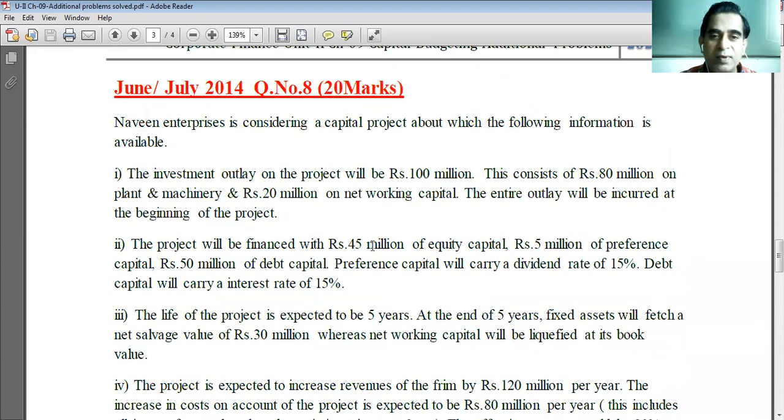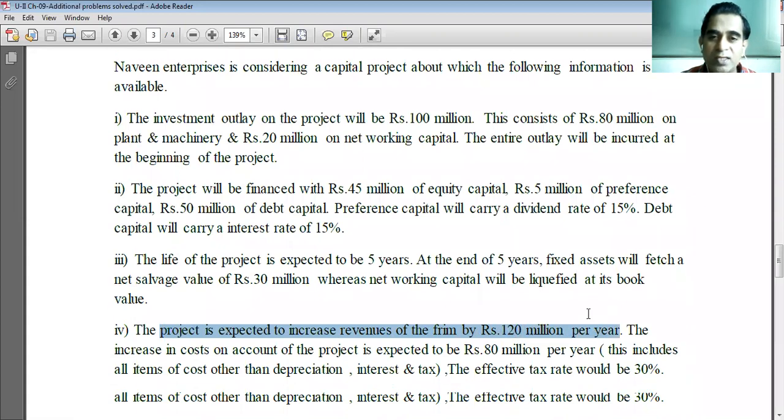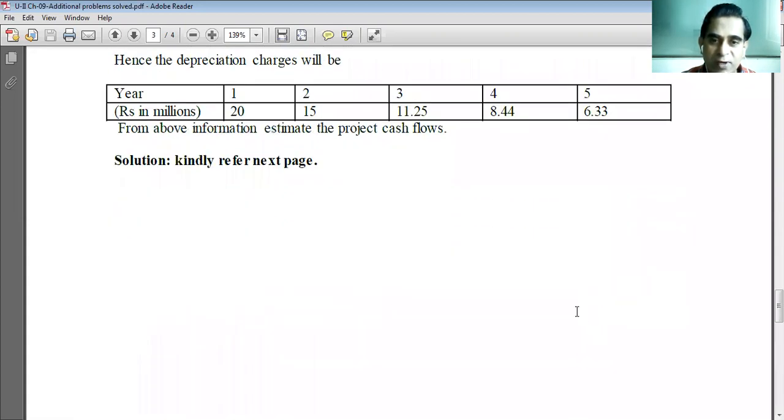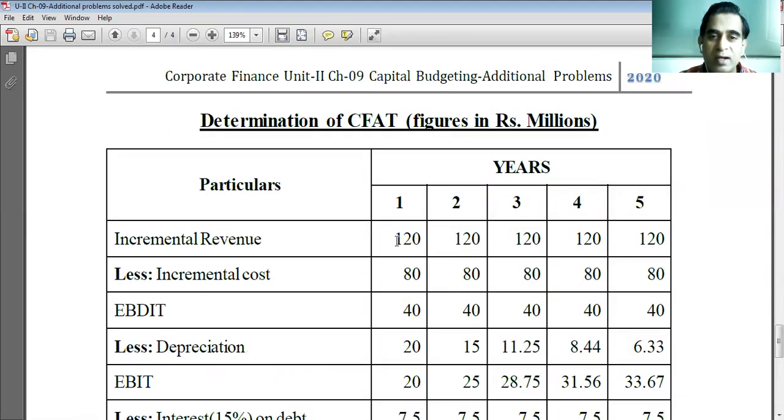Every time if we keep going back, it will take a lot of time. So the project is expected to increase revenues of the firm by 120 million rupees per year. Just now the memory is fresh. We read the problem. So incremental revenue is 120 million rupees each year.